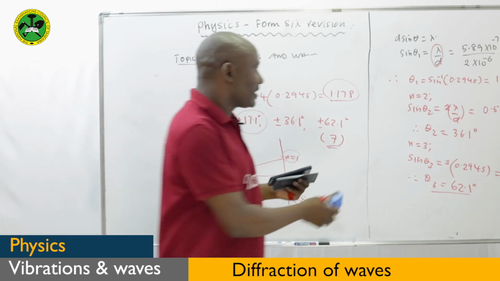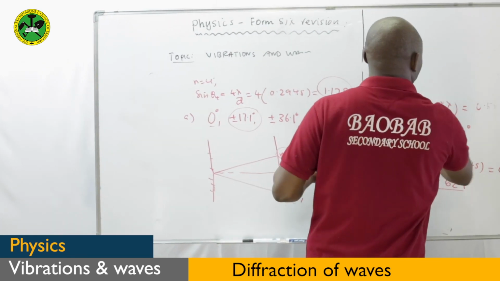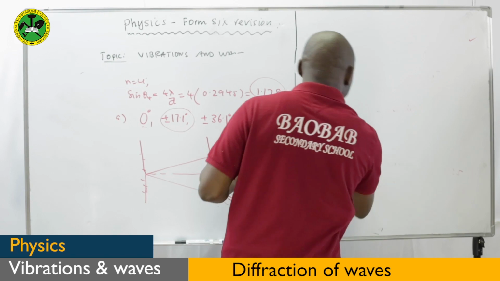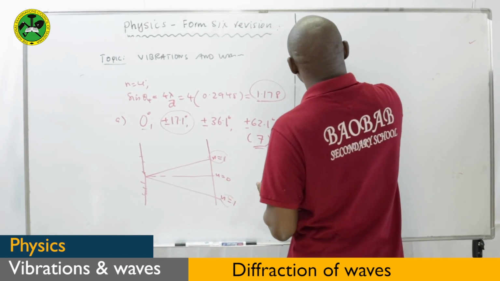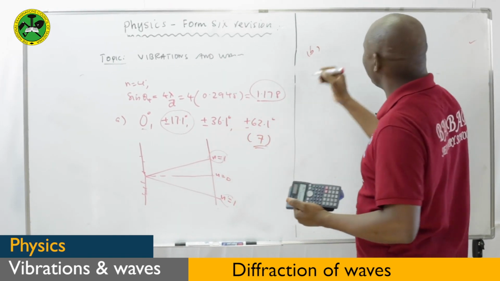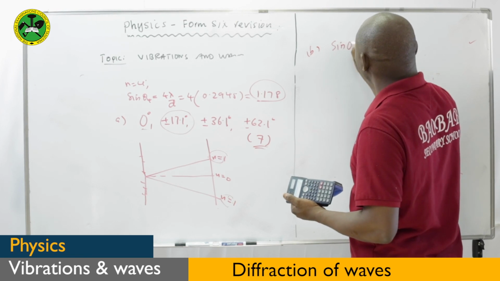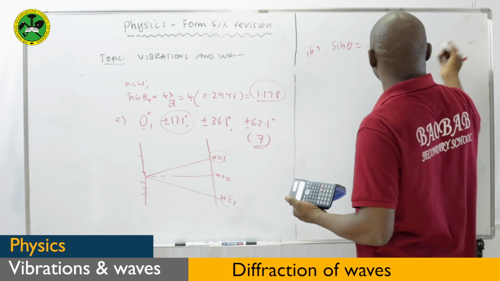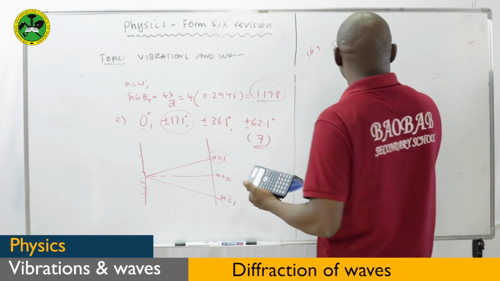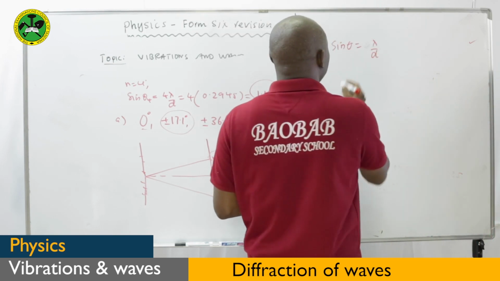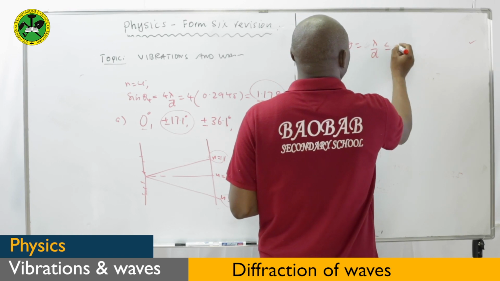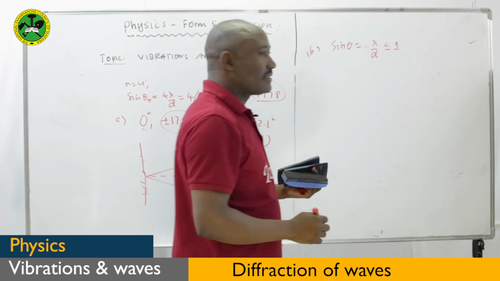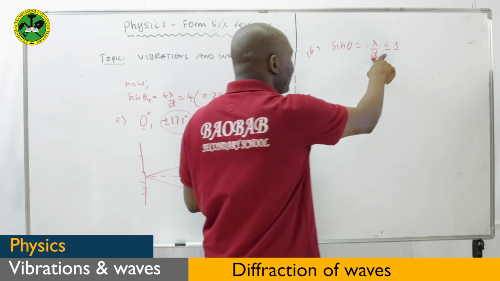You can use the formula to check if the answer is correct. Part B can be answered by counting, but you can recall this formula, starting from n equals 1 and so on. You can find that this angle will never be greater than that. It will be less than or equal to that.